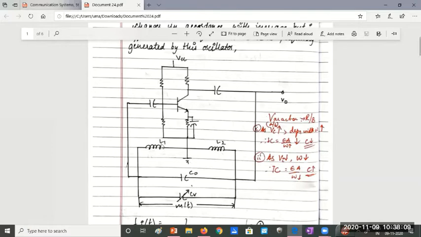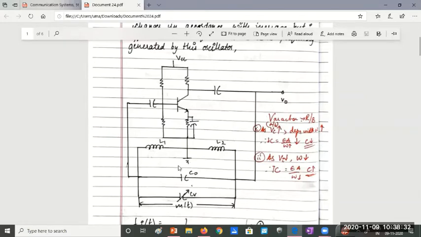Now, coming to this amplifier part, we are leaving it. It's a transistor based amplifier. So in your textbook, he just showed the transistor. Okay, you can even write like that. It's okay. Now coming to the inductors, L1 and L2 are fixed. This capacitance C0 is also fixed. Okay.